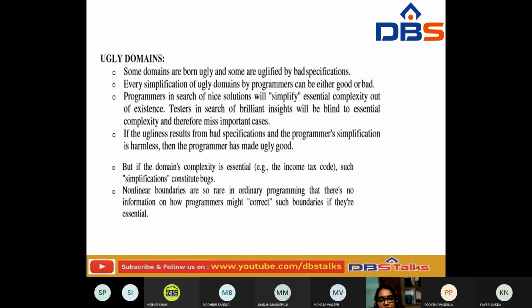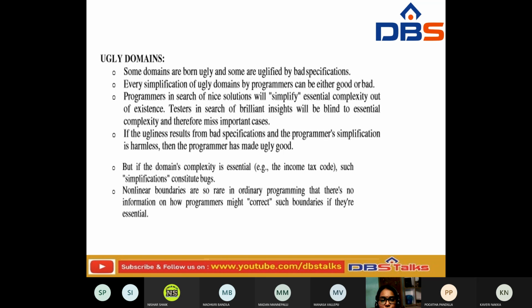The testers, in search of brilliant insights, will be blind to essential complexity and therefore miss important cases. If the ugliness results from bad specifications and the programmer's simplification is harmless, then making the ugly domain nice is good. But if the domain's complexity is essential, such simplifications constitute bugs.